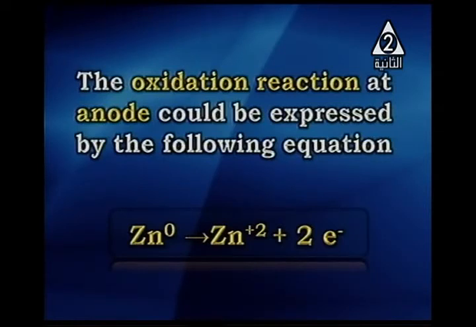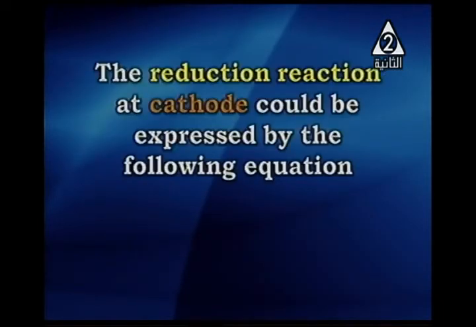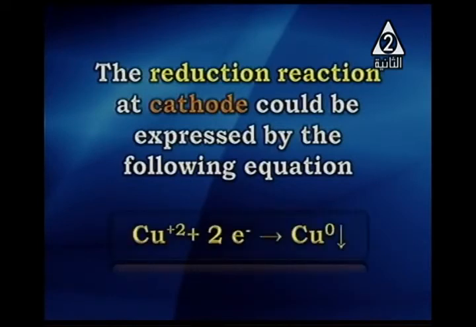The oxidation reaction at the anode is Zn changes into Zn positive 2 plus 2 electrons. Why? Because it loses 2 electrons and changes into positive zinc ions. This is the first one. And after that, we have the second one, the reduction reaction at the cathode, which could be expressed by the following reaction.